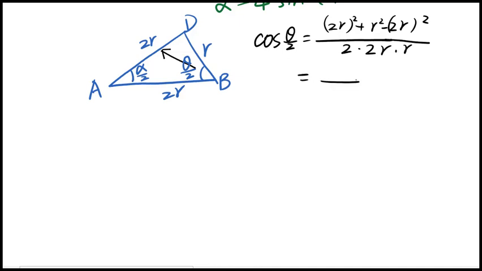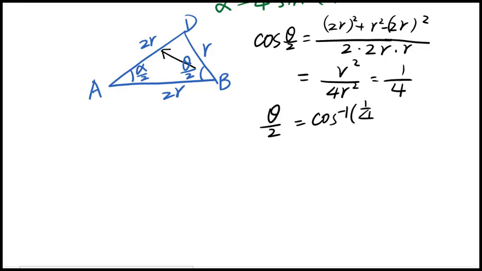You will get r squared over 4r squared. That is 1 over 4. So theta over 2 equals inverse cosine of 1 over 4. In other words, theta equals 2 times inverse cosine of 1 over 4. This is one way to figure out this theta.